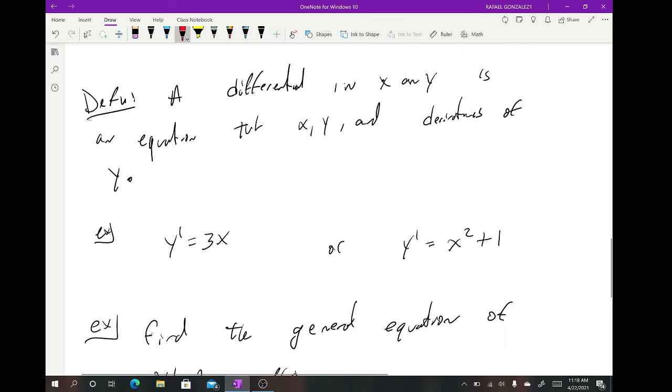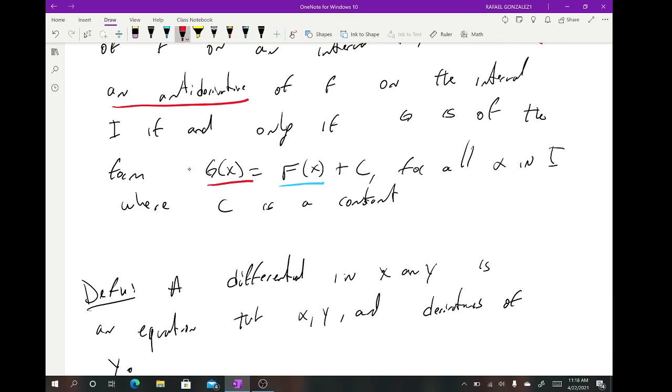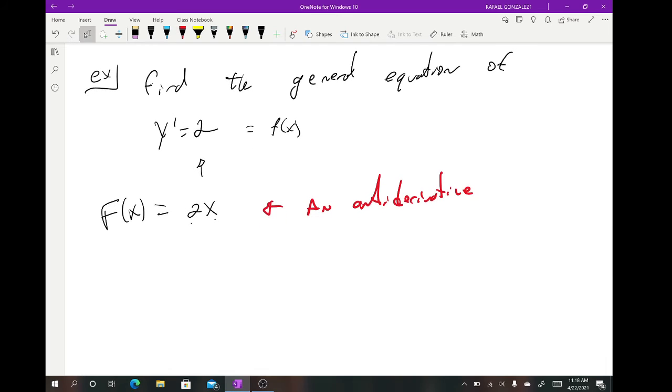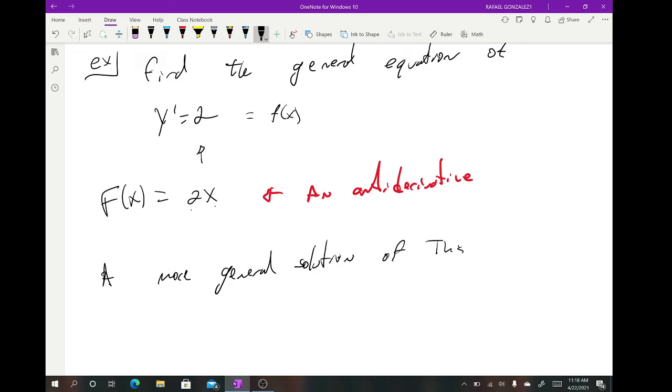To get the general solution, we could write the function g of x. So a more general solution of this will be the following.